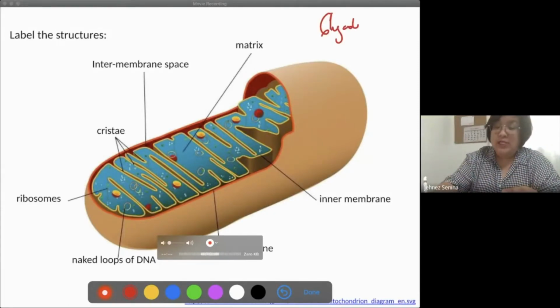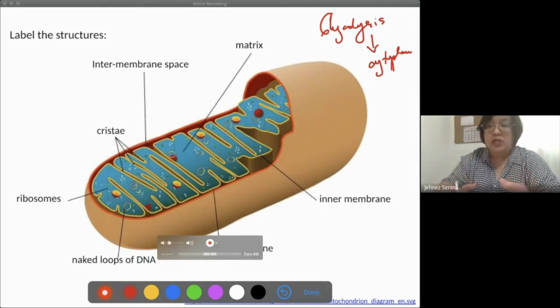Glycolysis is the first step, and it happens in the cytoplasm. After glycolysis, everything else happens in the mitochondria. So we need to know the structure of the mitochondria and how it explains the different chemical reactions that happen there. Let's look at the structure first.